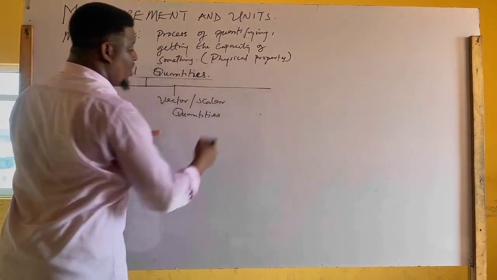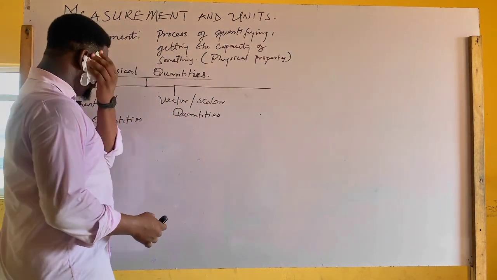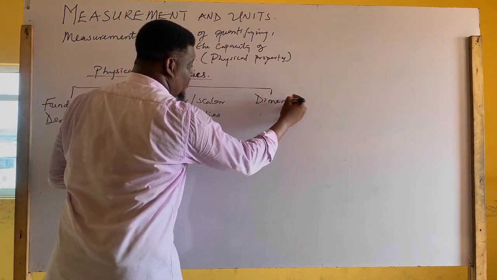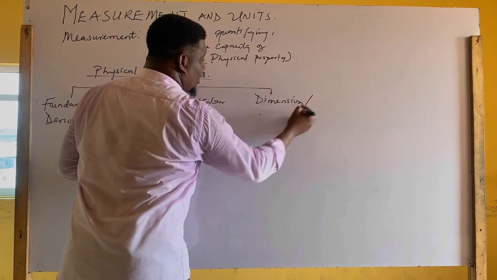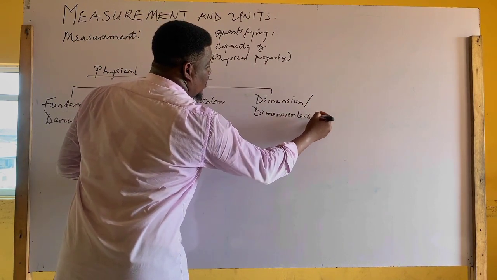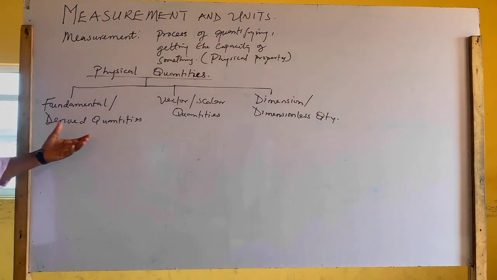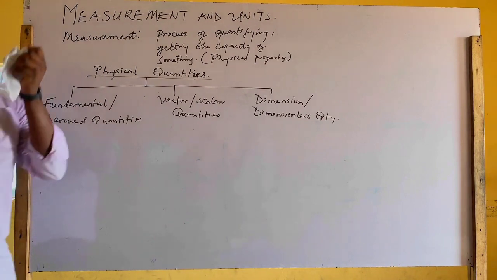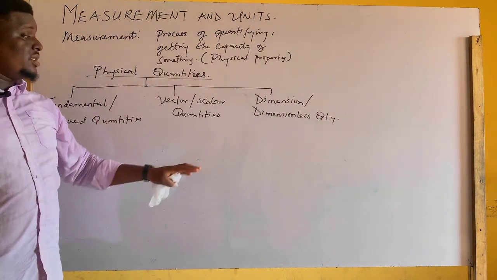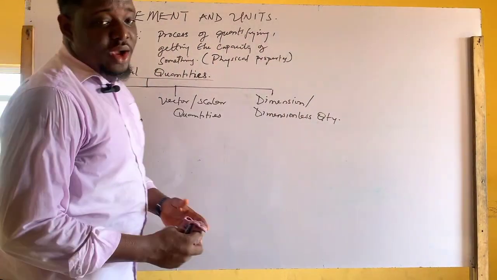I'm going to be giving you a formula for you to identify vector and scalar quantity. We have the last one, dimension and dimensionless quantity. In the course of this class, we're going to be looking at all these various classifications and also coming to the conclusion of dimensional analysis.